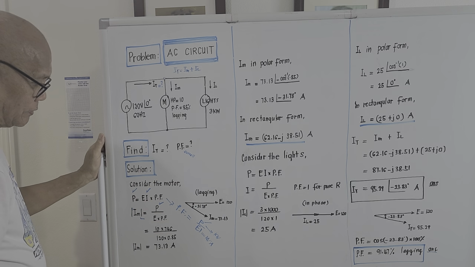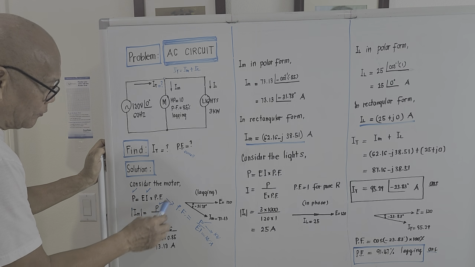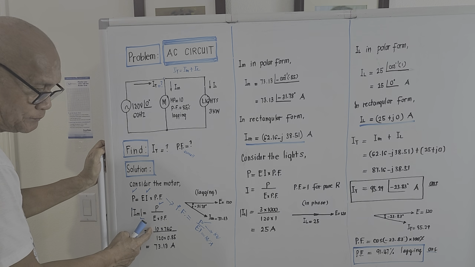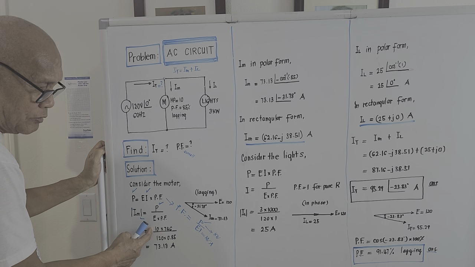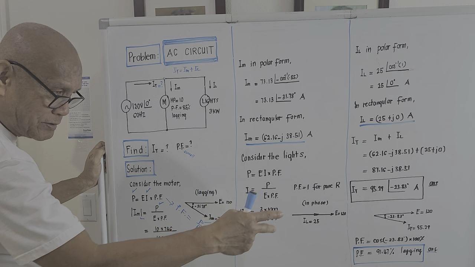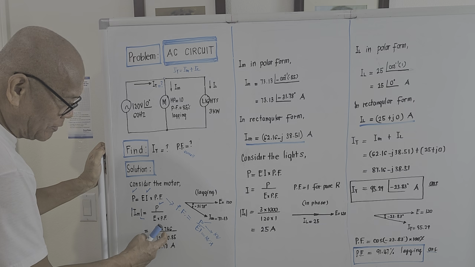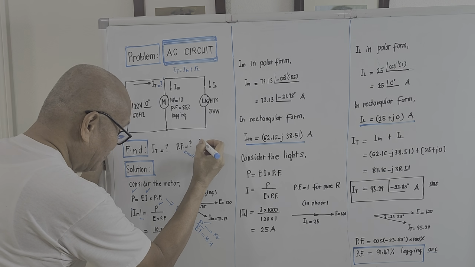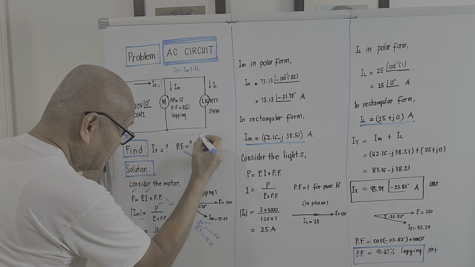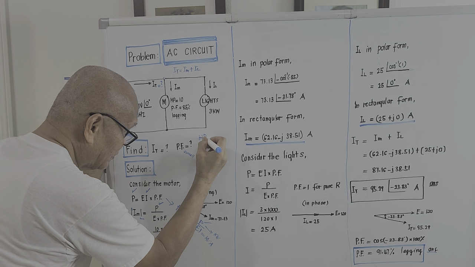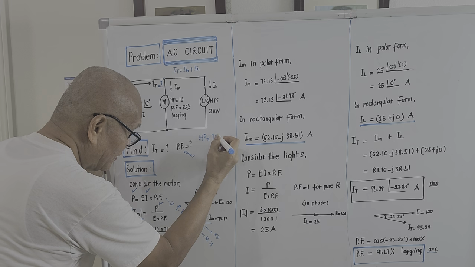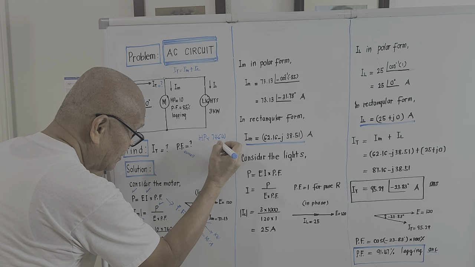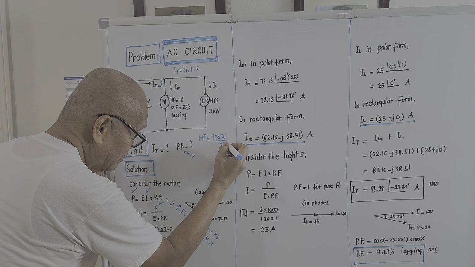Okay, substituting values. The true power of the motor load will be 10 horsepower. Okay, we will convert that to watts. So we will multiply this by 746 watts per horsepower.